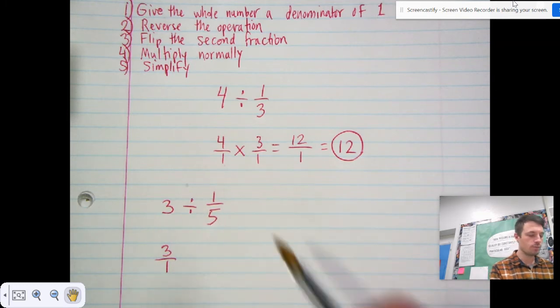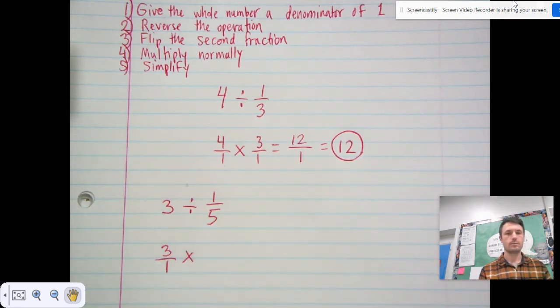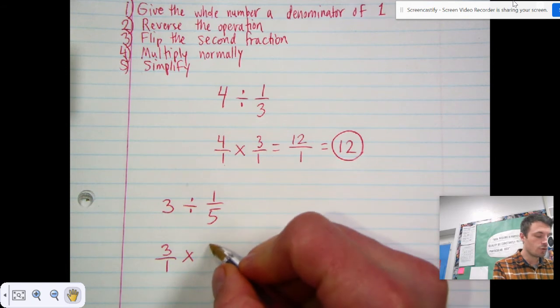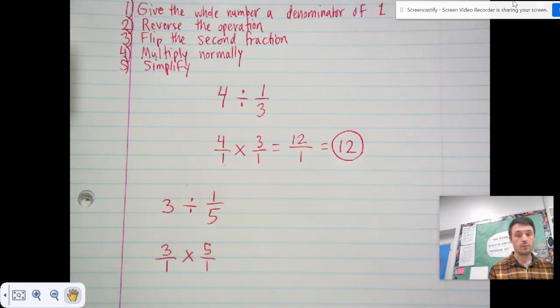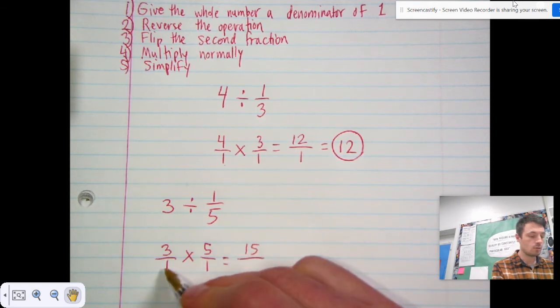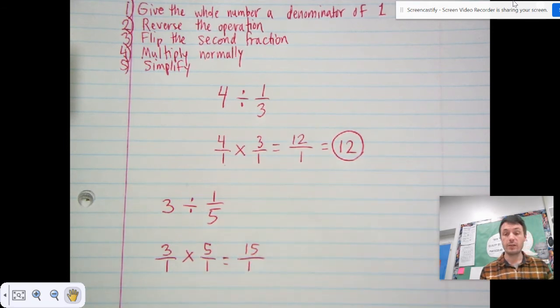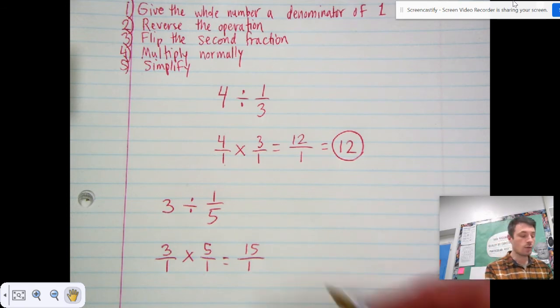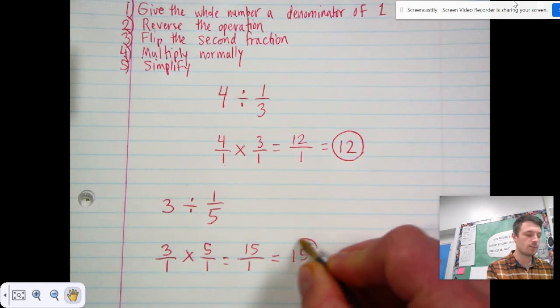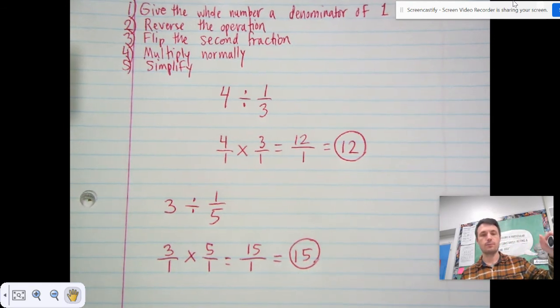We change it from division to multiplication. Step 3 is flip the second fraction. We change it from 1/5 to 5 over 1. Then we multiply normally. 3 times 5 is 15. 1 times 1 is 1. Step 5 is simplify. 15 over 1 simplifies to 15. And that's the final answer.